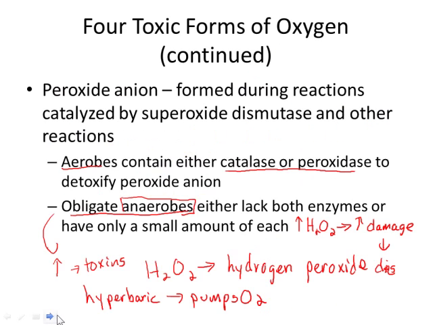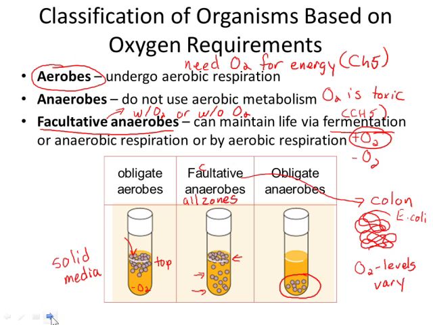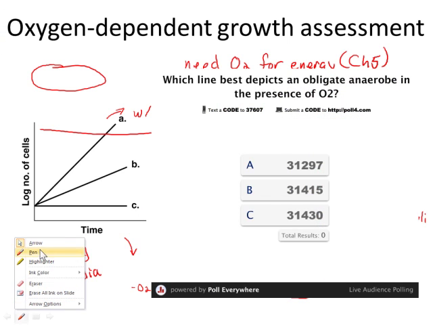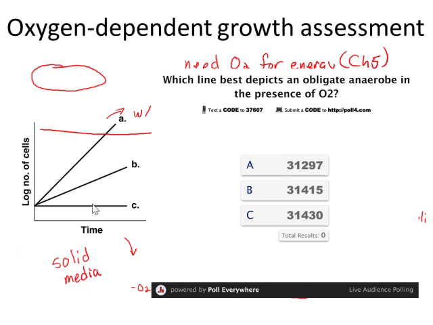Well, there's no better picture of cell death than C. The number of cells is not increasing over time. So you can see why this would be a good treatment for obligate anaerobes causing an infection. If you give them oxygen, they begin to die off.